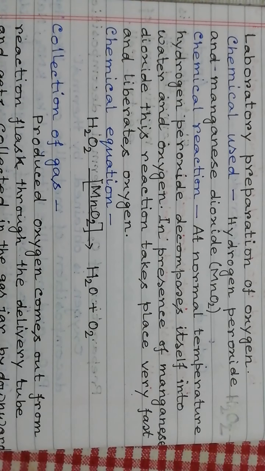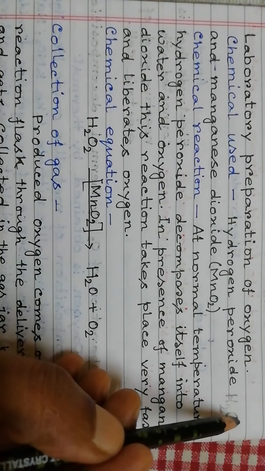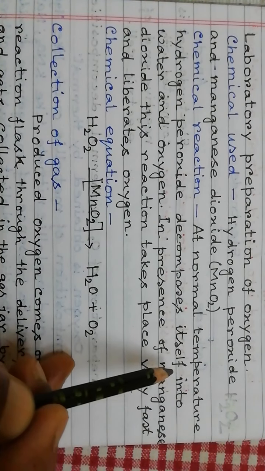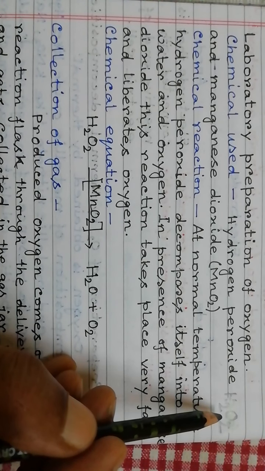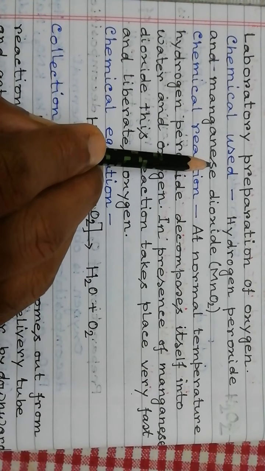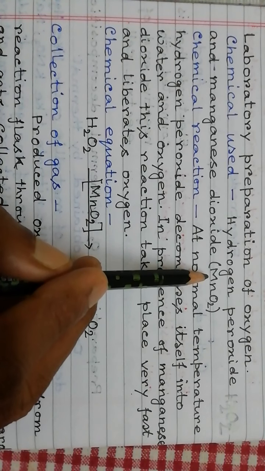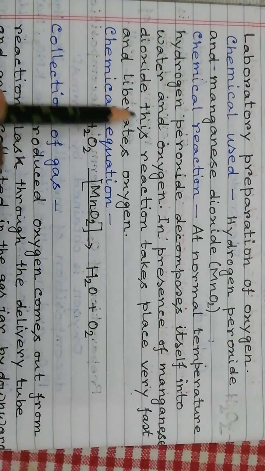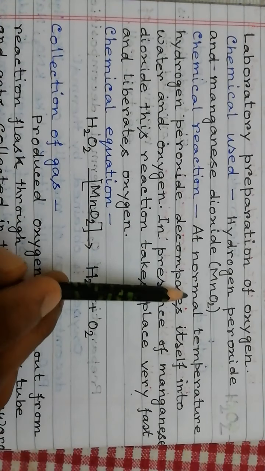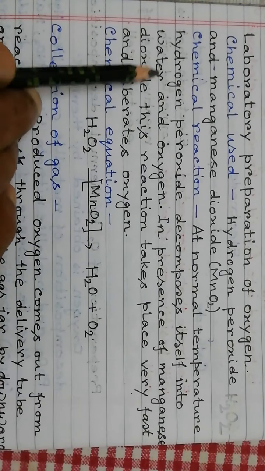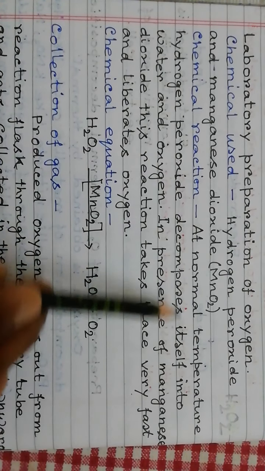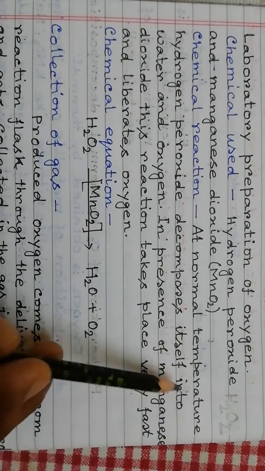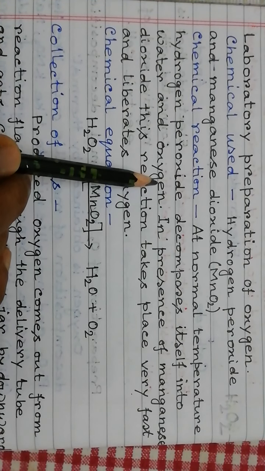Here the main reactant is H2O2, hydrogen peroxide. Here the manganese dioxide is also used as a positive catalyst. Now at normal temperature, hydrogen peroxide decomposes itself into water and oxygen.